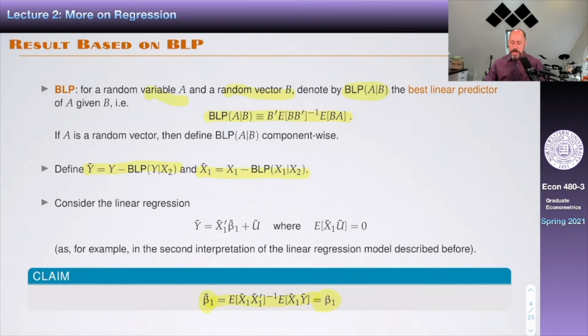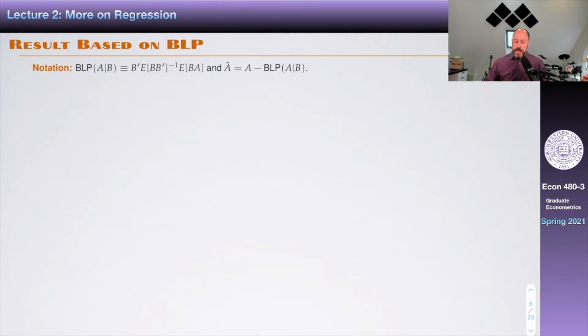Okay? So if we prove this, which we're going to do next, then we're going to have some things that we can discuss about this that are going to be interesting. All right. So here I wrote down some basic notation. Remember the best linear prediction, and remember where we are calling this variable tildes.